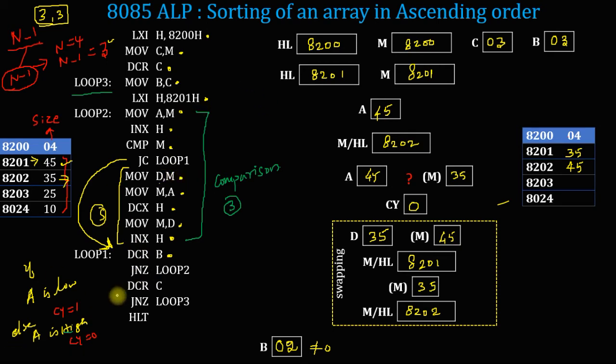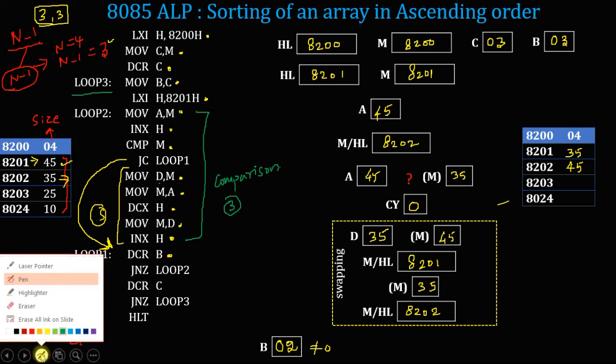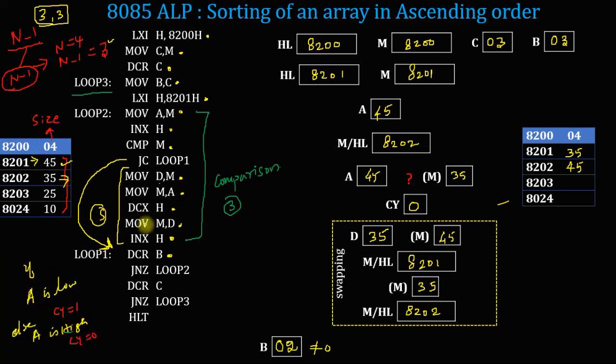I will use some other color. These particular instructions, from move B comma C onward, are a set of instructions for completing iterations. There will be 3 iterations.